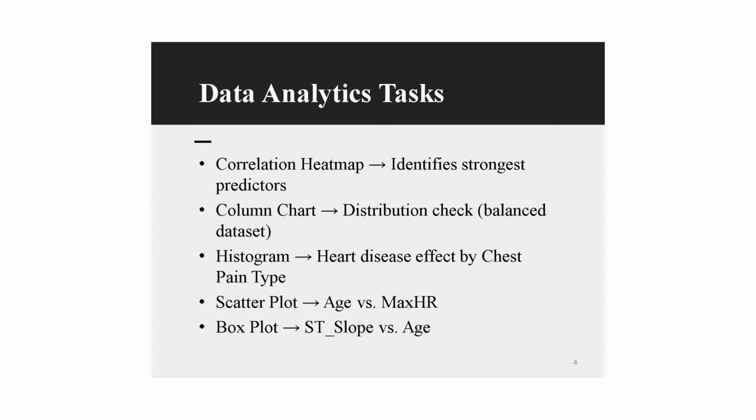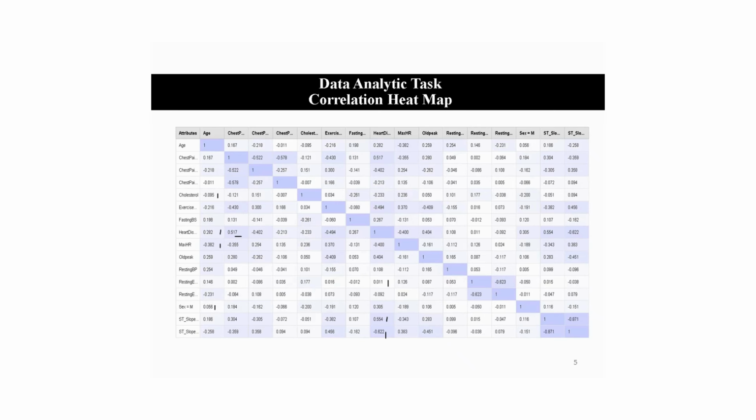The data analytic task is important because it tells how the different features are important for predicting heart disease, and it also explores the hidden patterns in the data with some visual representation of these plots.